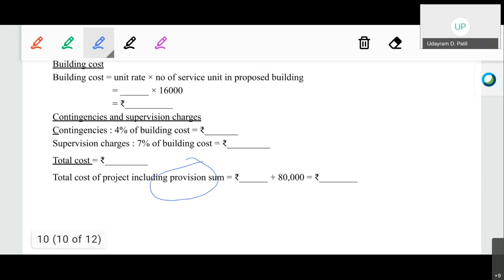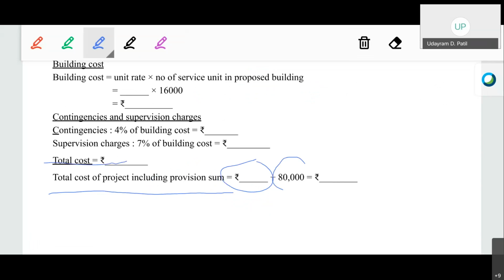So here the total cost of the project including the provisional sum will be the building cost, that was 9,80,263.2, plus the provisional sum for the water pump, that was 80,000. Okay, so calculate the total cost of the project including the provisional sum.